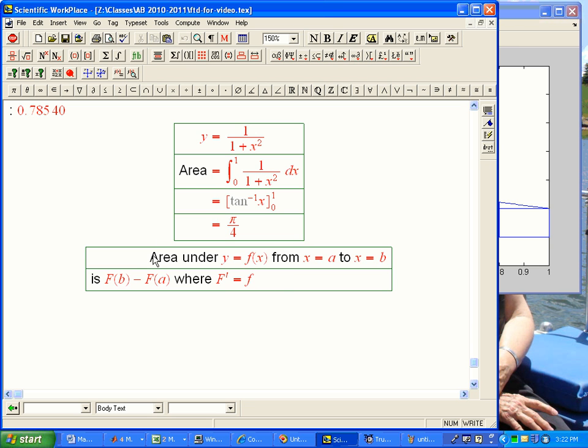Comes out weird in the display font, but that's going to be one strategy for finding the area, and that's one version of the fundamental theorem of calculus. We take the antiderivative, any antiderivative, don't worry about the plus c. We take the difference of those two values, and that's going to calculate the area from x equals a to x equals b.